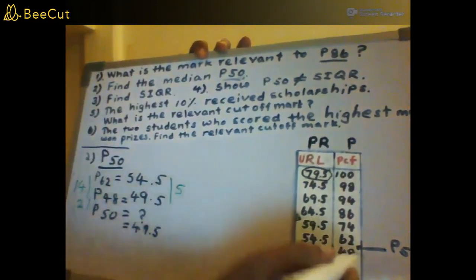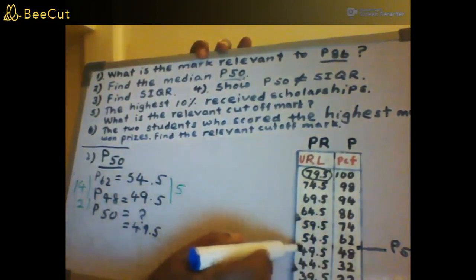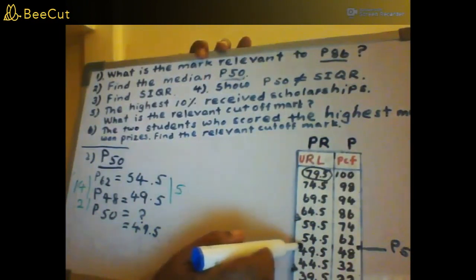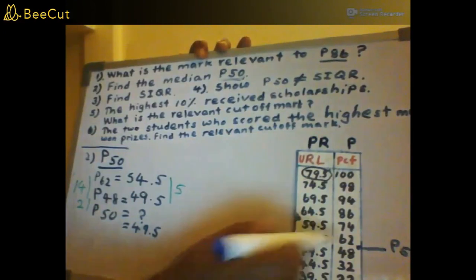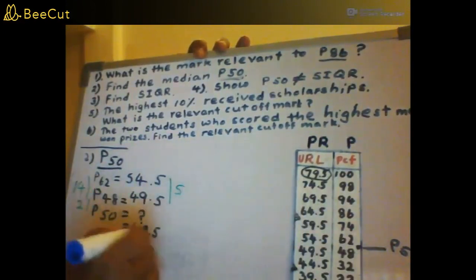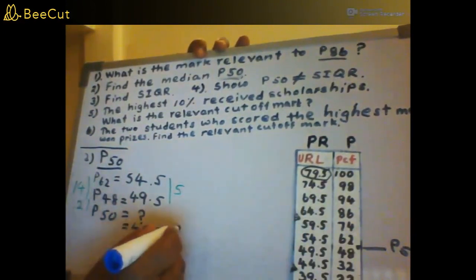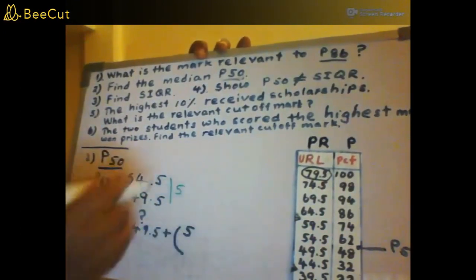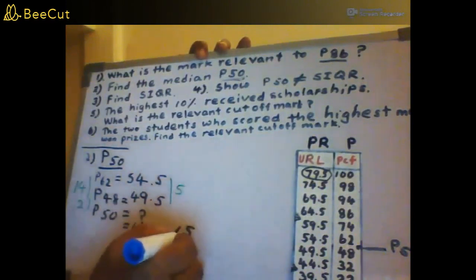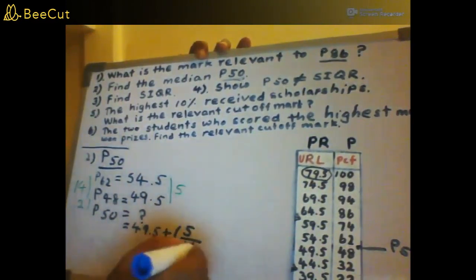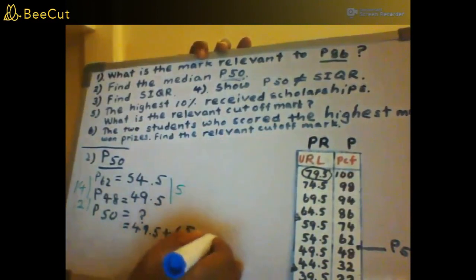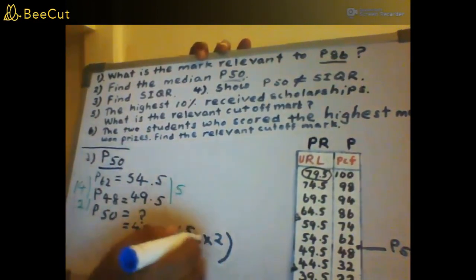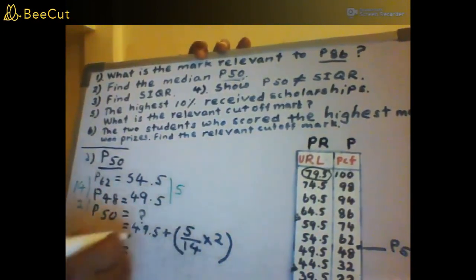49.5, P50 somewhere here. Now this is 49.5. You have to add something, then you can find P50. So 49.5 plus this one, 5. Straight away you write this, right? 5 divided by 14 multiplied by 2. You do the calculation, it is 5 divided by 7.